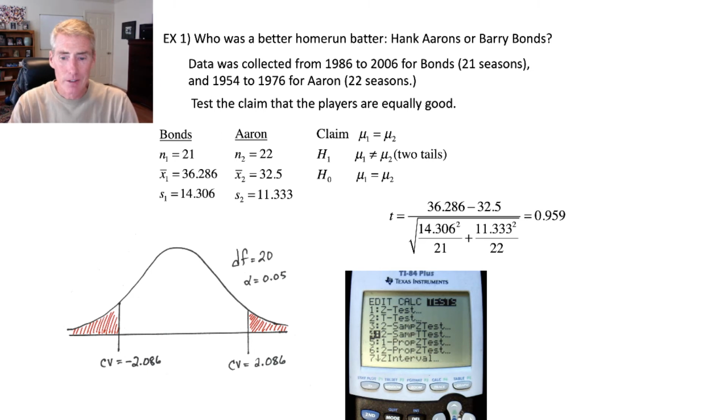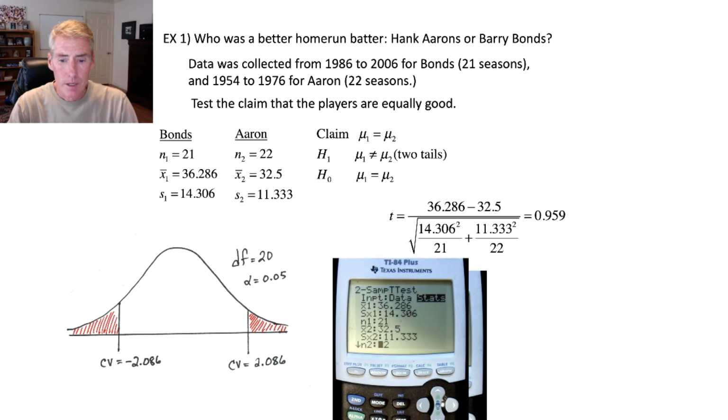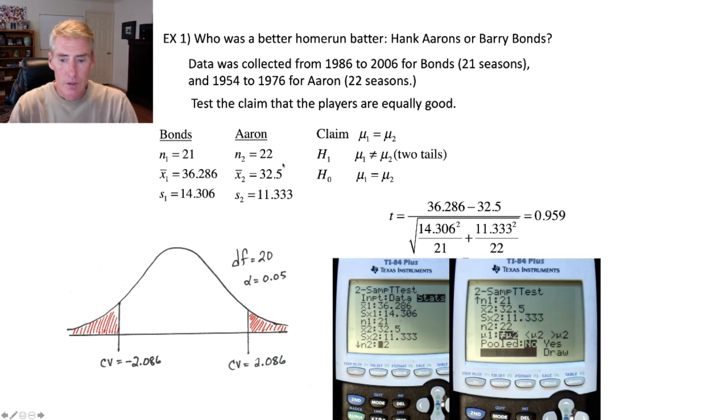So on the calculator, go to Stat, Test, and then two sample t-test. You would type in all the information from over here for the two players, and then scroll down, and it's going to say, should it be pooled? So this is left over from a way that statisticians used to do it. Are these two standard deviations close enough that they could be pooled?